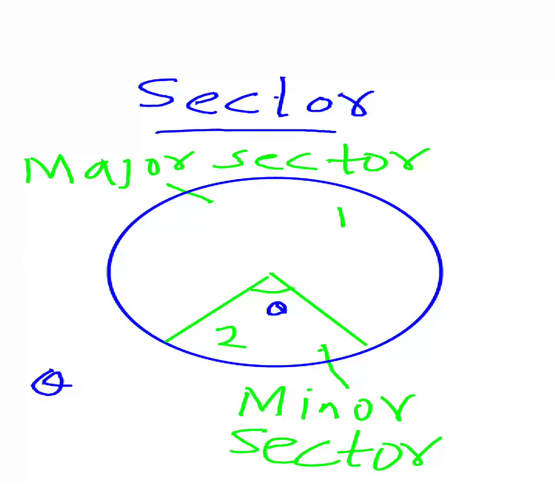Theta degrees. Getting it? So now if you want to find out the area of the minor sector, or the area of the major sector, then how will you do that? Do you have any idea? Do you know the full angle inside? Full round angle?